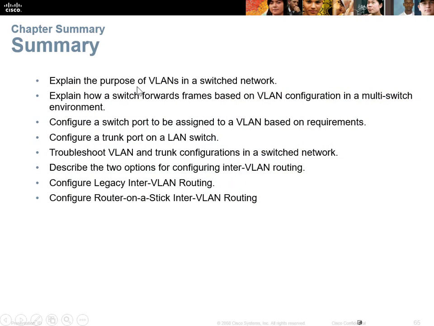Okay, we've explained what VLANs are on a switch network, how to program them, what they do, troubleshoot them, and describe the layers of the internet, VLAN routing. It's also what to do with old equipment and also router on a stick.